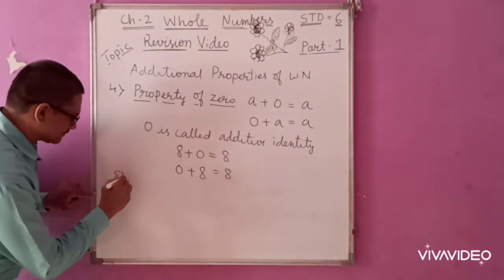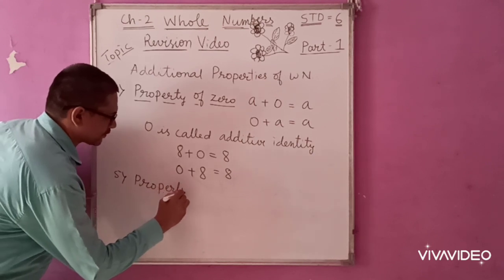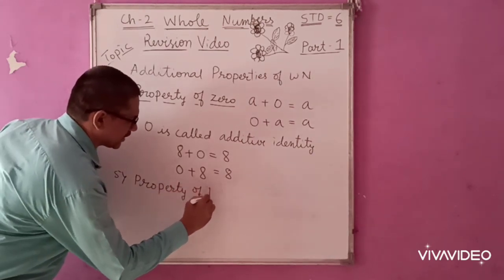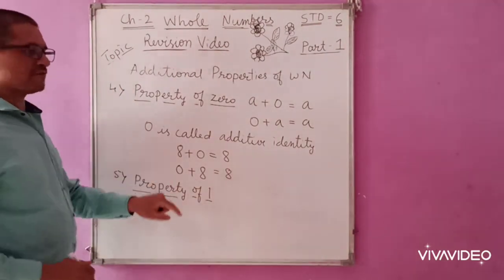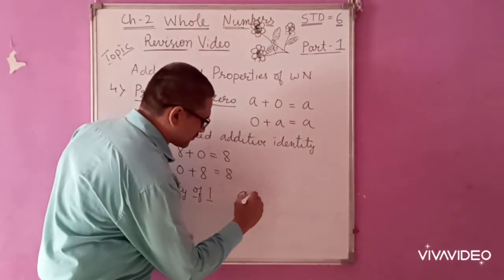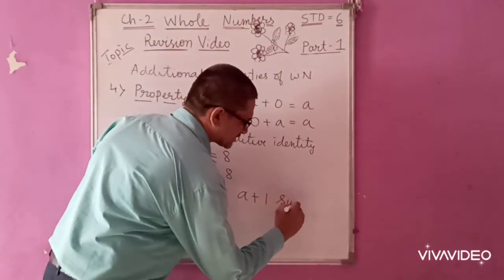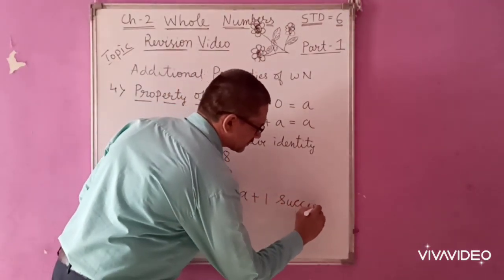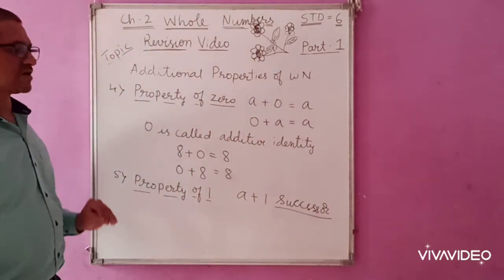Fifth one, property of 1. Now property of 1: when you add 1 to any number, we get the successor of that number.